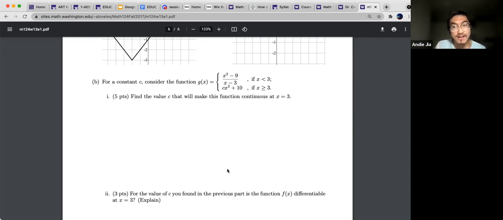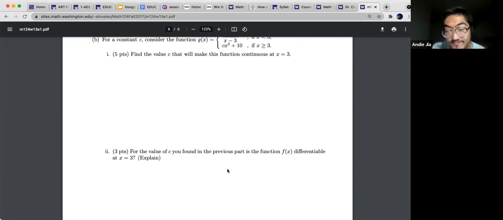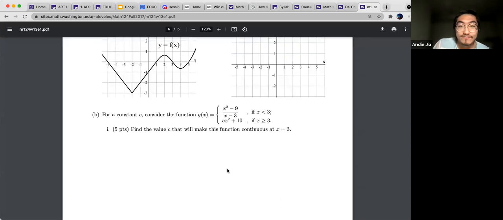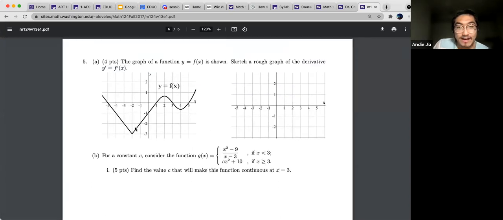Okay, so we're back to this. For differentiability, I will use this function here.